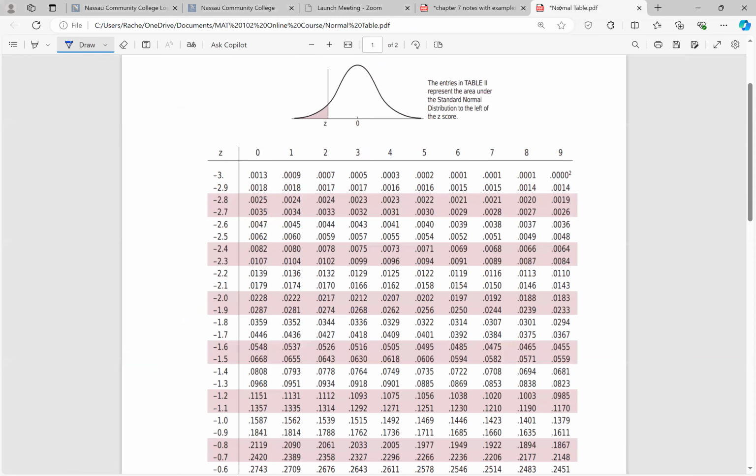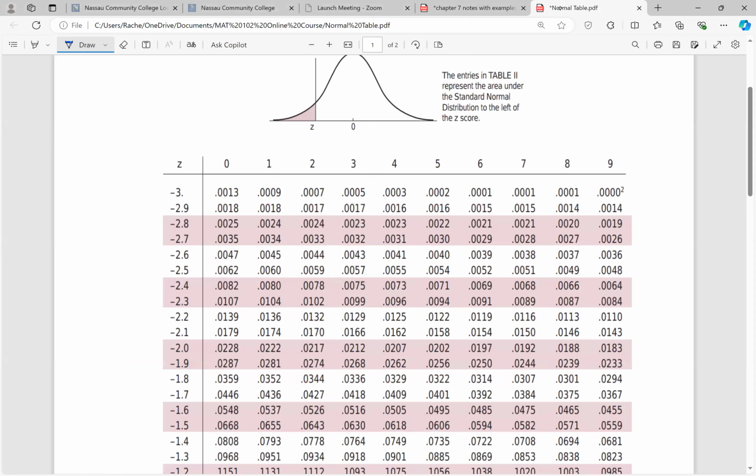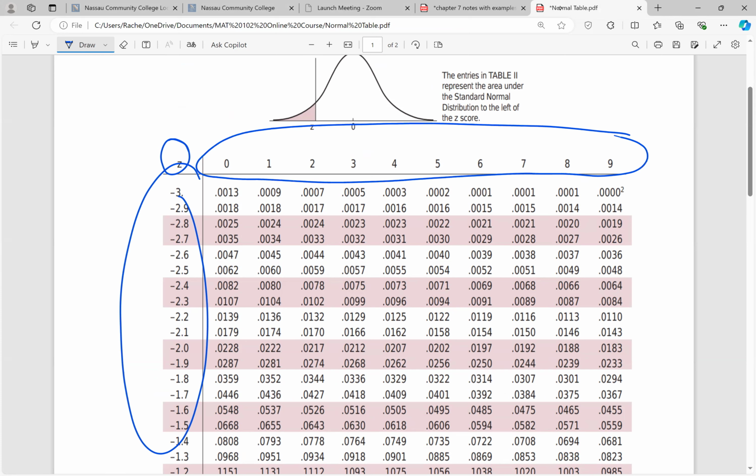So here's how the table works. Z-scores are always going to go 2 places to the nearest hundredth. So in the column underneath Z is going to be the number in the 1 spot and the 10th spot. That's this column. And then in the row on top, you're going to look for the second number in the decimal spot, the 100th spot.